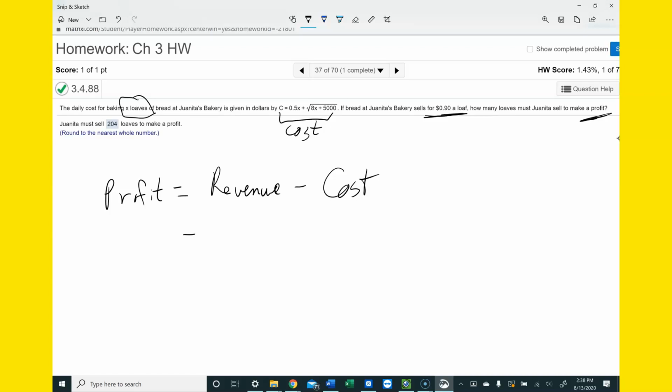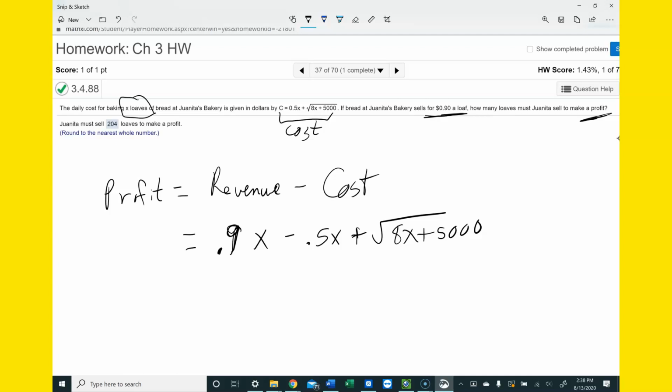So my revenue is 90 cents for every loaf that I sell, so it's 0.9 times x, the number of loaves sold. And the cost is given by this function up here: 0.5x plus the square root of 8x plus 5,000.